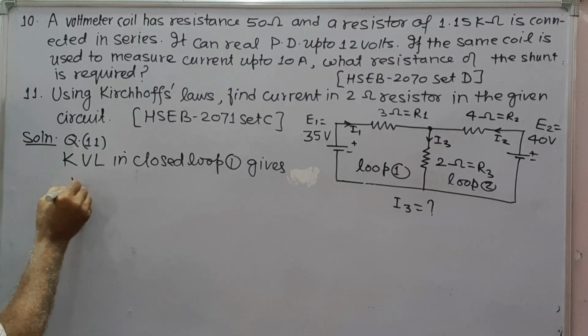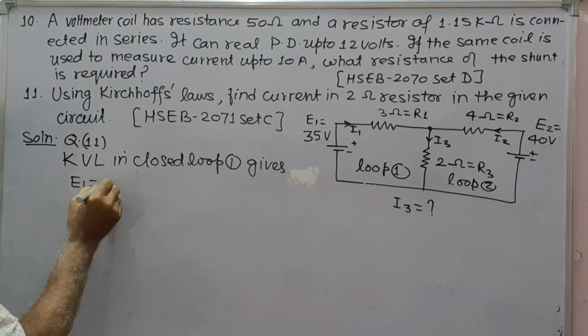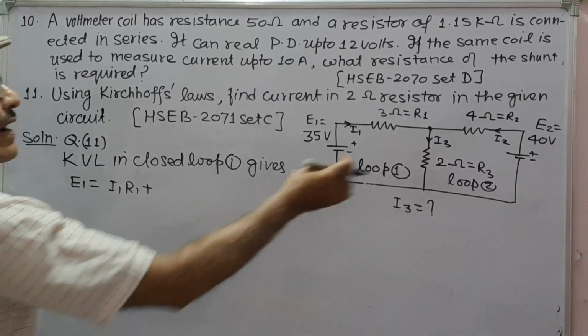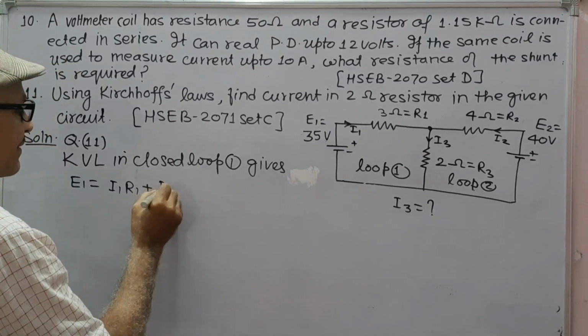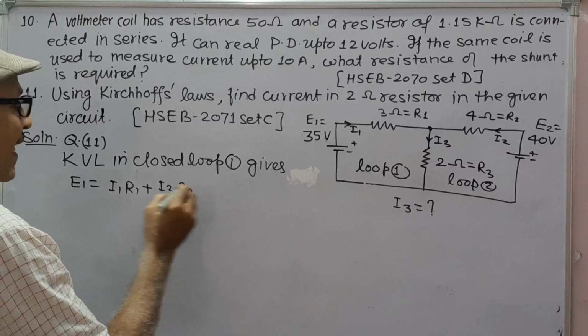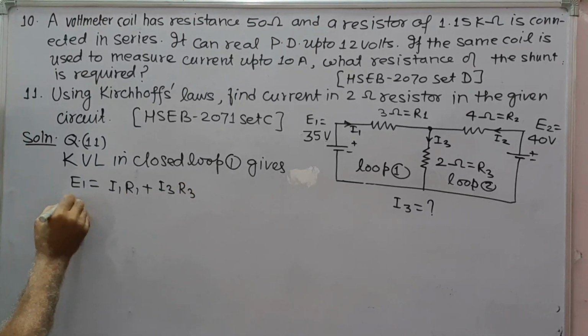So E1 is equal to I1 R1 plus I3 into R3. Values are known.